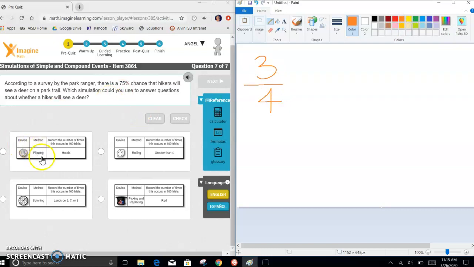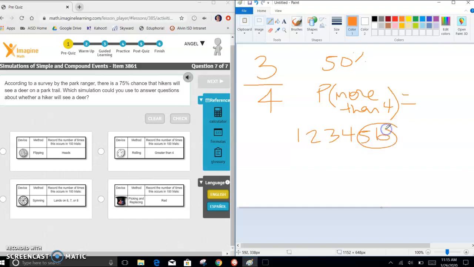So over here, I've got 50% for the coin. Should know that's not going to work. Over here, I've got greater than 4. So P more than 4. That's 1, 2, 3, 4, 5, 6. That's 2 out of 6.